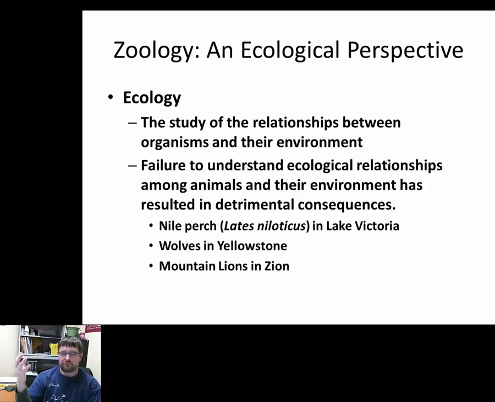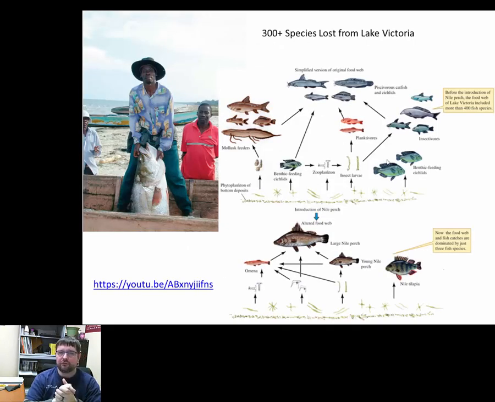Okay. Another situation, and we'll talk more about the Nile perch, is when we introduce species because we think we're going to do more good than harm. So for example, in the 80s, Europeans mainly decided to introduce Nile perch, or thought it would be a good idea to introduce Nile perch to Lake Victoria.